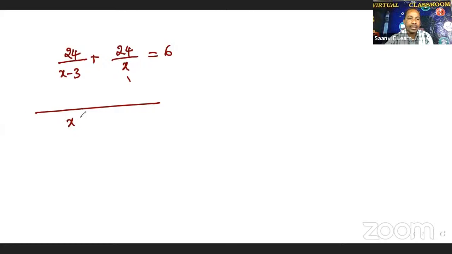x into x minus 3 is the LCM. Here x minus 3 cancels, x will be x into 24, we get 24x plus, and here x cancels, we get x minus 3, so 24 into x minus 3.